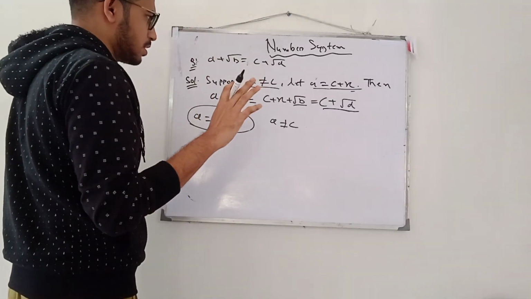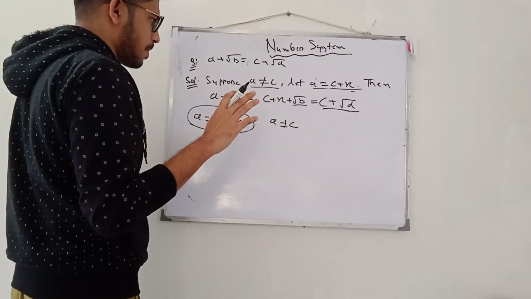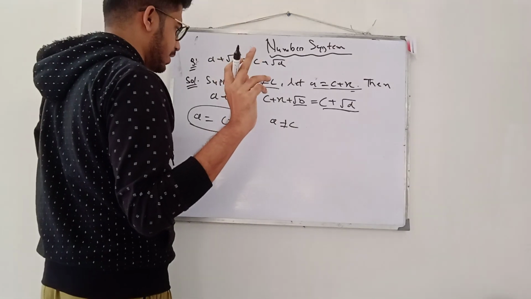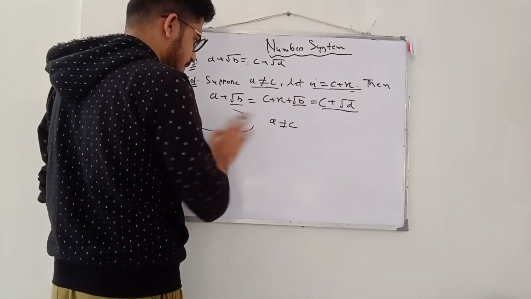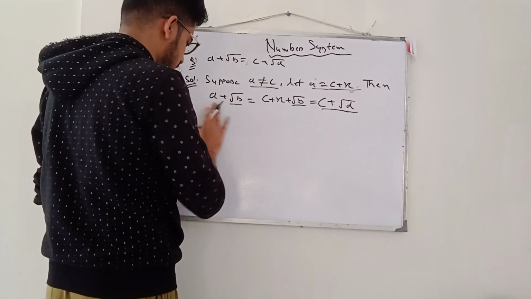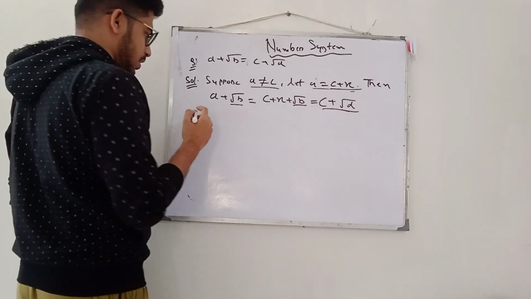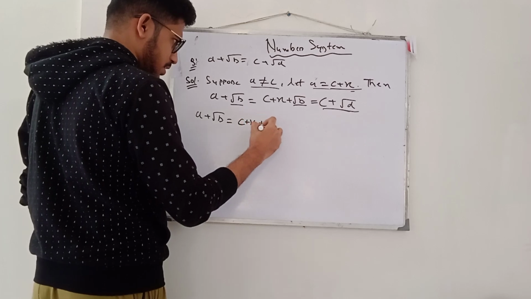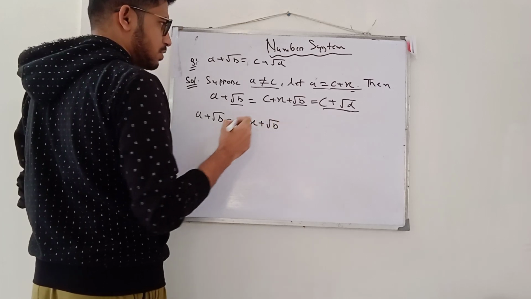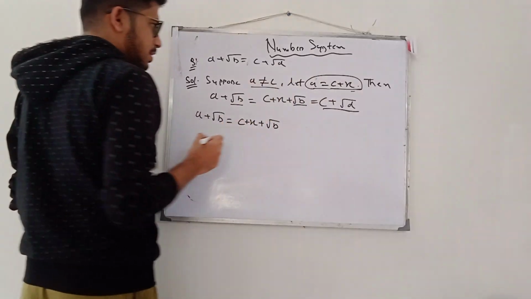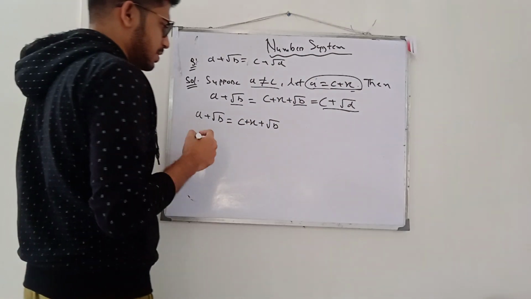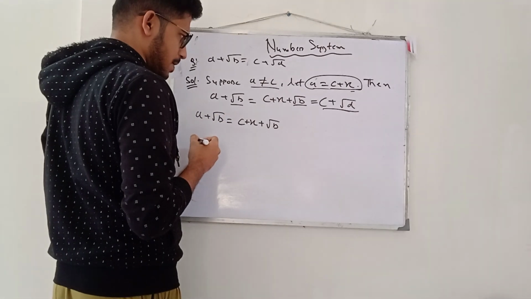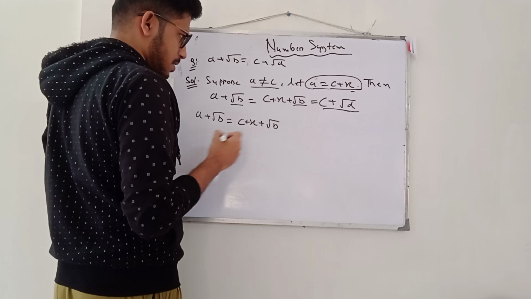Okay, got it. So they're breaking down this: a plus root b, c plus x plus root b, where a is equal to c plus x, plus root d.